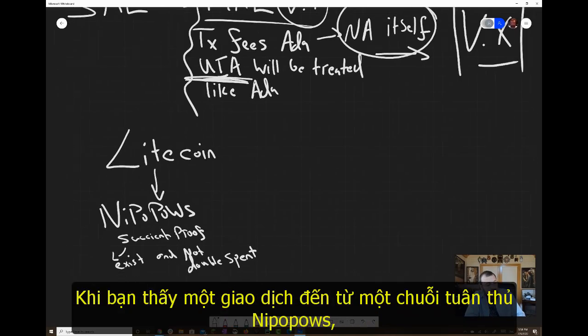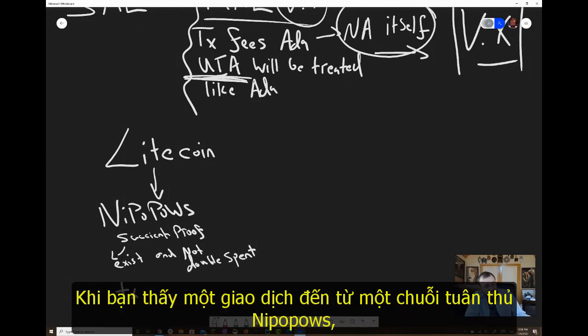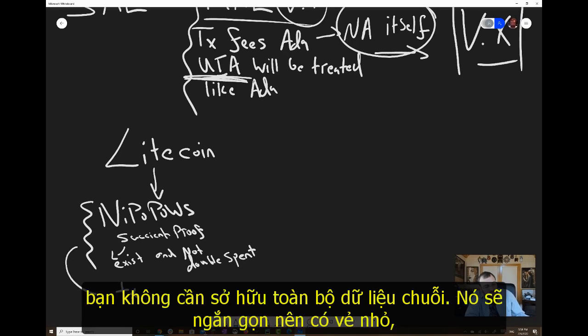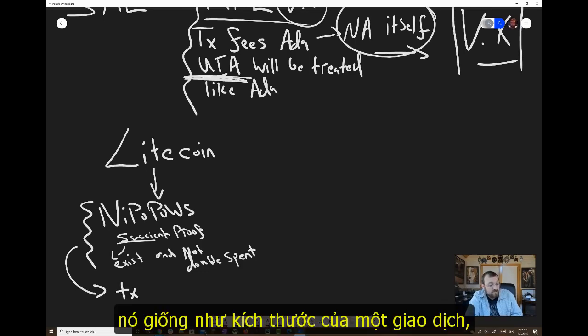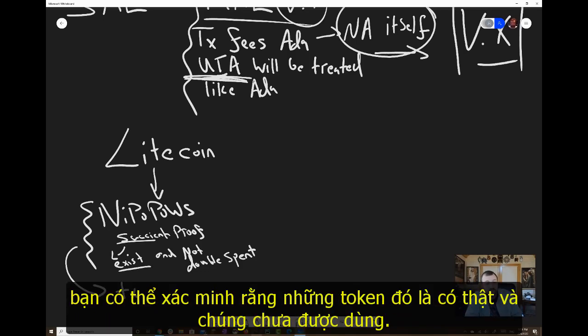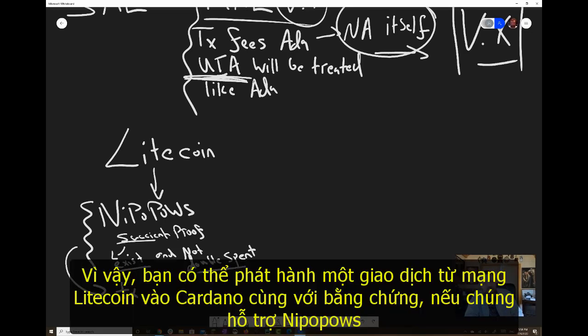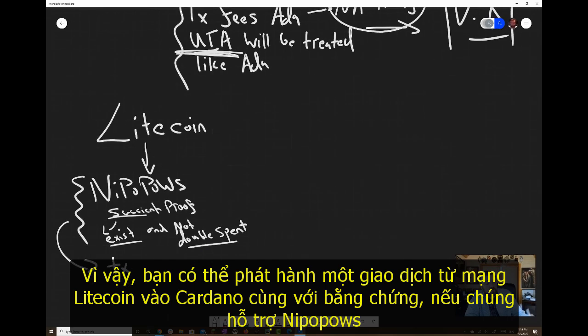It means that when you see a transaction coming from a NiPoPoW compliant chain, without possessing the full chain, it's succinct, so like it's small, it's like the size of a transaction, you're able to verify that those tokens are real and they have not been double spent. So what this effectively means is that you could issue a transaction from the Litecoin network if they support NiPoPoWs, transaction plus proof, into Cardano.